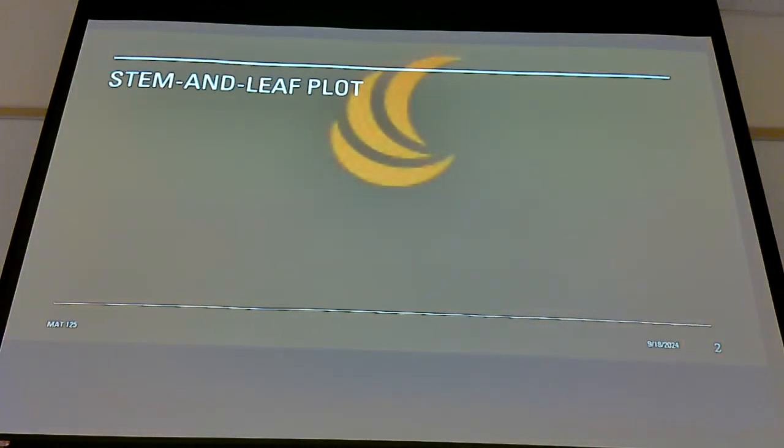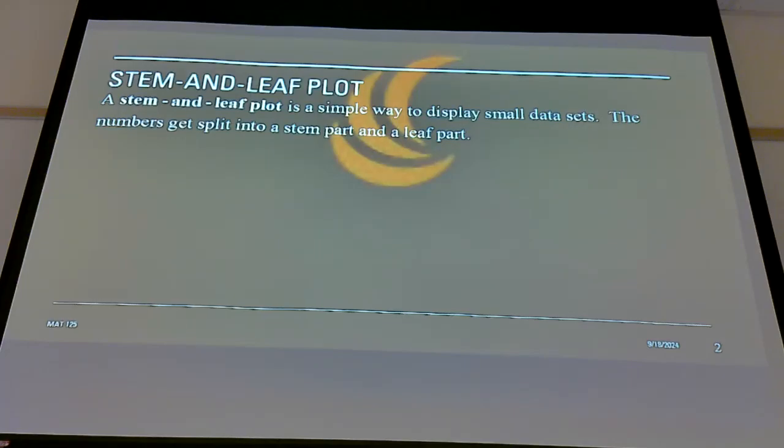We're continuing our study of visualizing data. Another type of graph, and I use that term very lightly, is called a stem and leaf plot. Numbers will get split into a stem part and a leaf part.